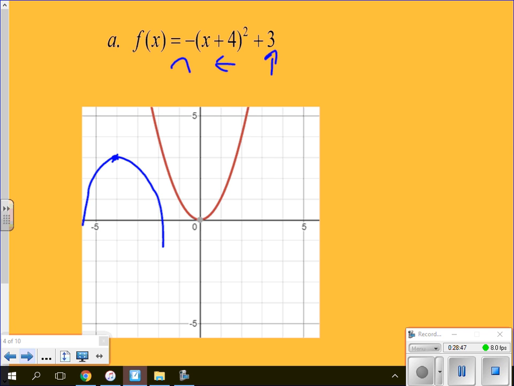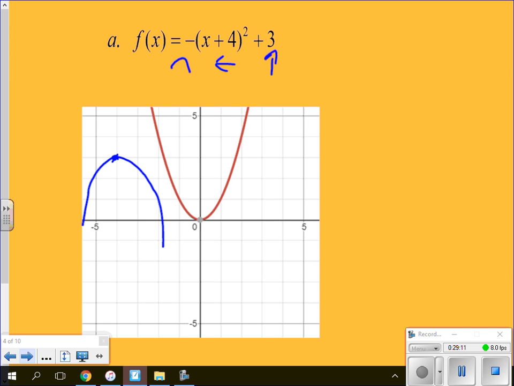No. Your window on your calculator is not square. It's rectangular, so it's actually compressing it in the y value direction. It's still -10 to 10 from top to bottom, but it takes less to reach those points than does the y. So the x is stretched or the y is compressed depending upon how you look at it. So it's not exactly the same graph that you would get here. So it is a little distorted.